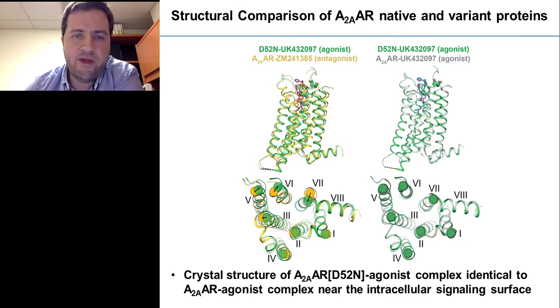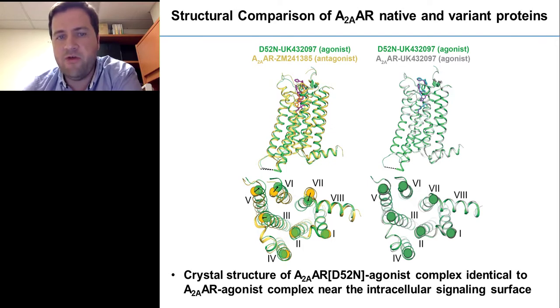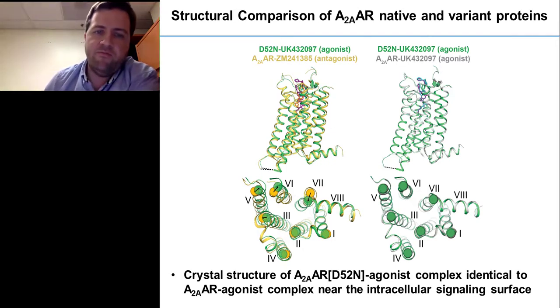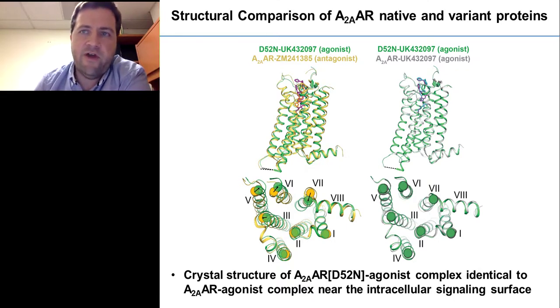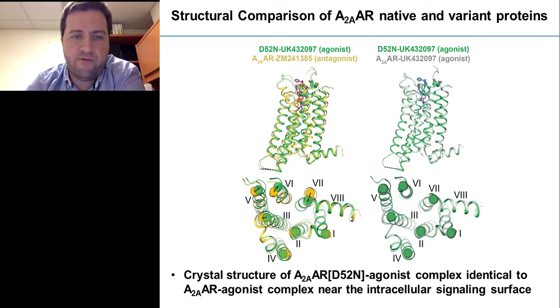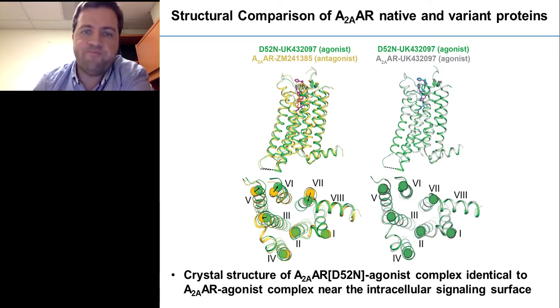Now, on this slide here, we have the same superpositions of the variant D52N agonist protein complex with the antagonist complex shown on the left, and a superposition with the native protein agonist complex shown on the right. And the bottom two figures are, again, intracellular views, so inside the cell looking up at superpositions of the two proteins. On the left, we see changes in the relative orientations of the helices.